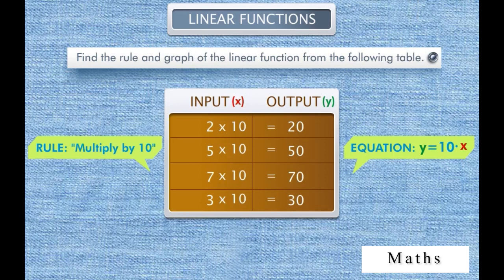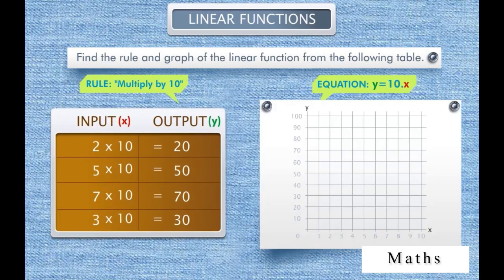Now, we will plot the graph for the given linear function using the table. Since the rule is to multiply by 10, every time y is 10 times the value input for x. For x equals 2, y equals 20. For x equals 5, y equals 50.